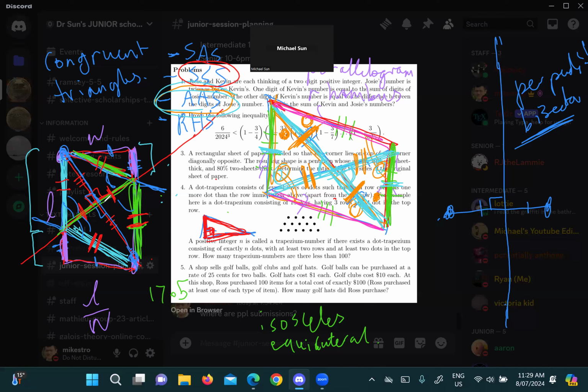So what's the area of the pentagon related to the areas of these things here? The area will change, or it might be the same. I want a proper answer. I want something definitive.